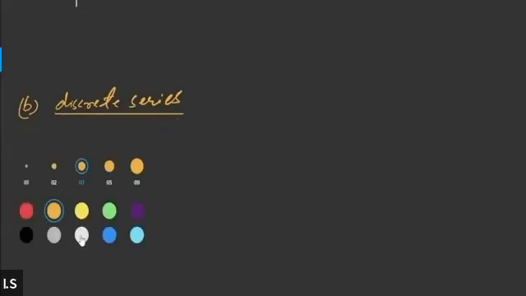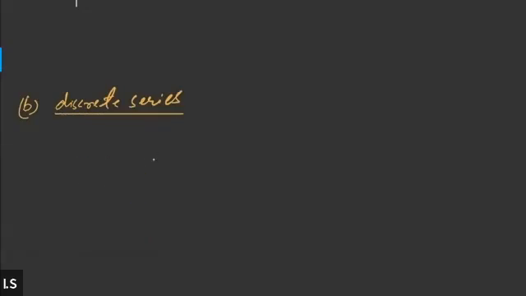Only the sign will change. Earlier the formula in case of discrete series was sigma f dx, divided by n. Is that clear to you? That is the formula, na? Yes. In case of median also.